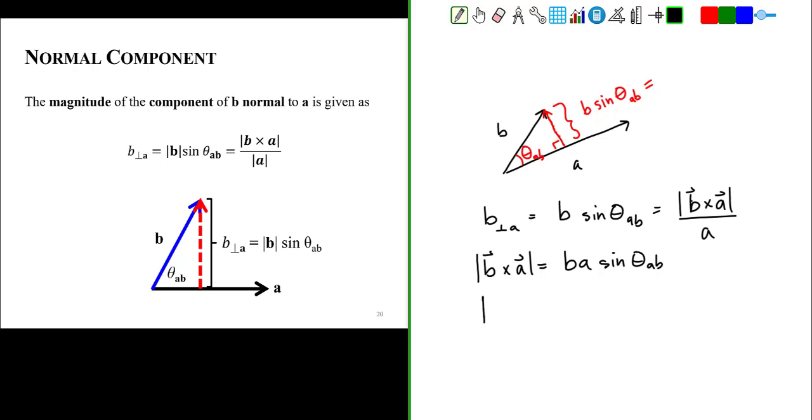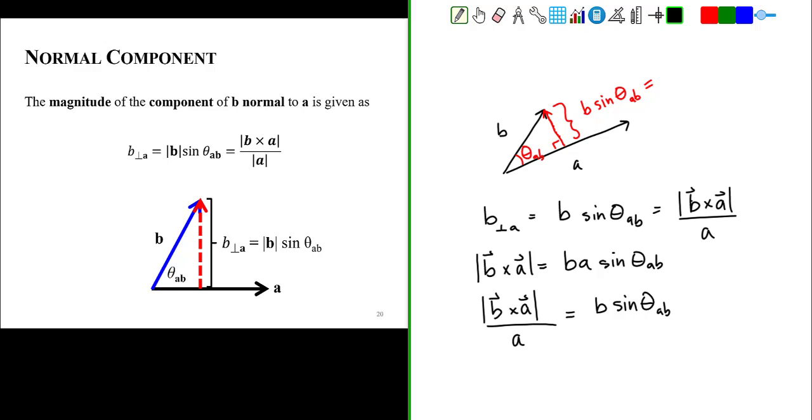So if we divide both sides by the magnitude of vector A, where we're treating vector A as if it's an axis on which we're projecting vector B, we end up with the side opposite that angle in the right triangle we drew.